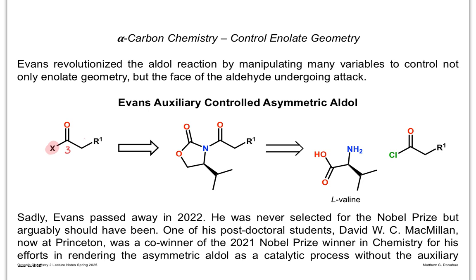That means we only have one alpha carbon, and those hydrogens are prochiral. So that X group, he made into a chiral auxiliary. I'll highlight that in red. So X means that whole thing.